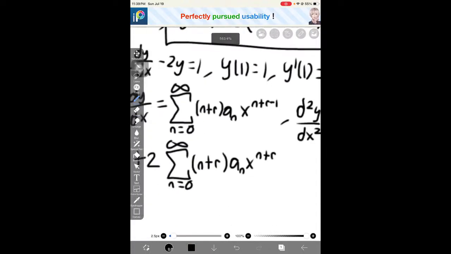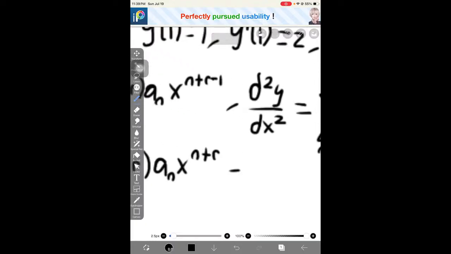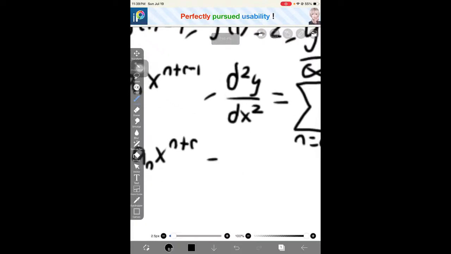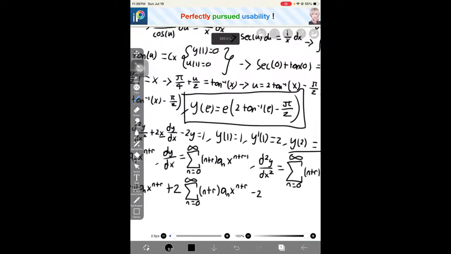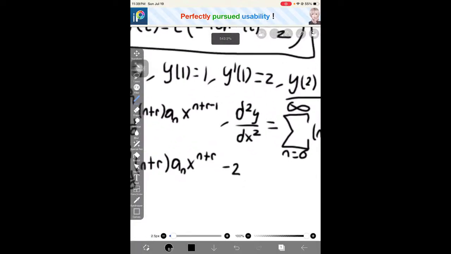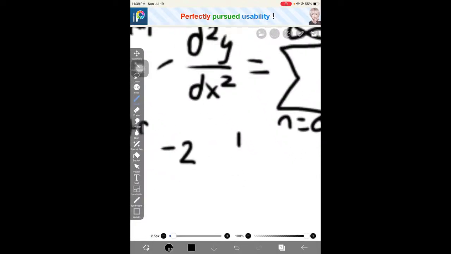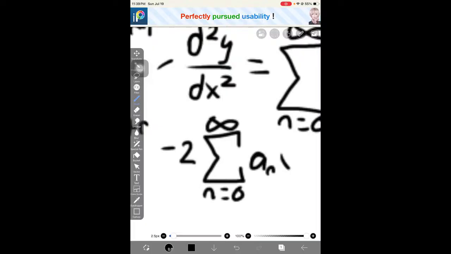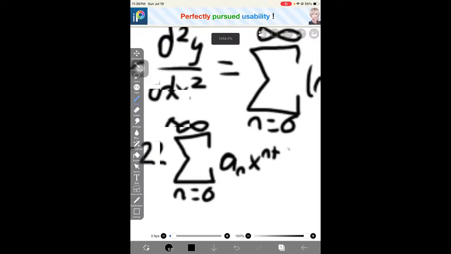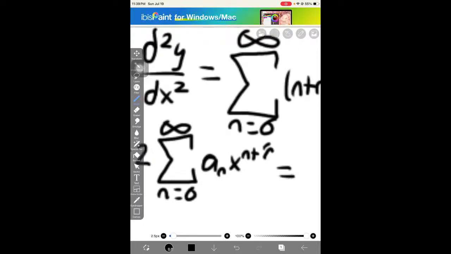And that's actually huge. So now, minus 2 times the infinite series a of n x to the n plus r, standard power series, equals 1.